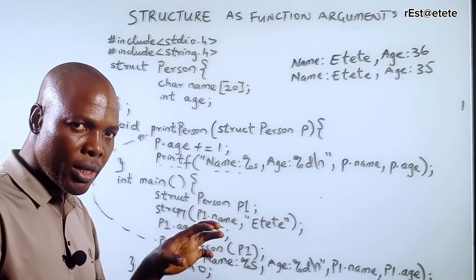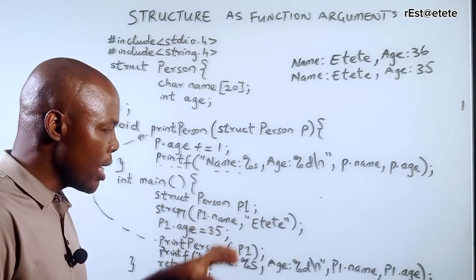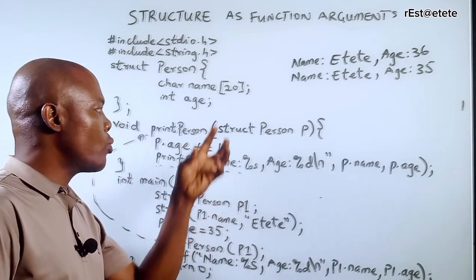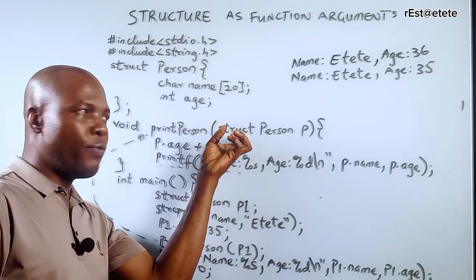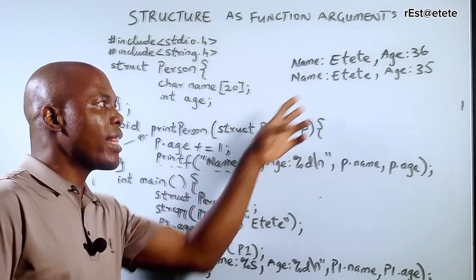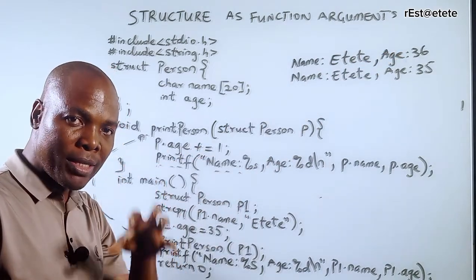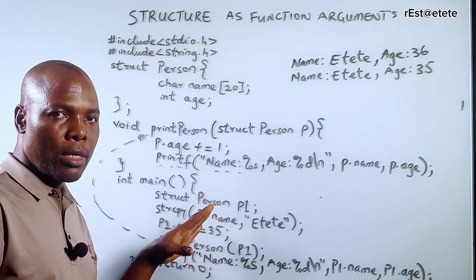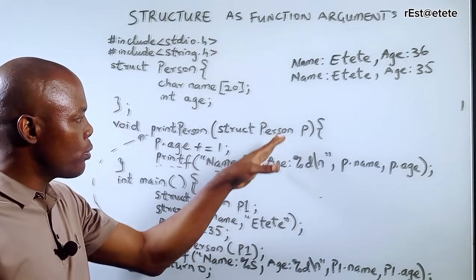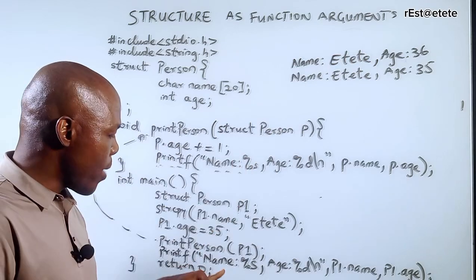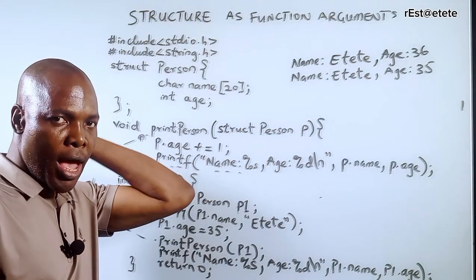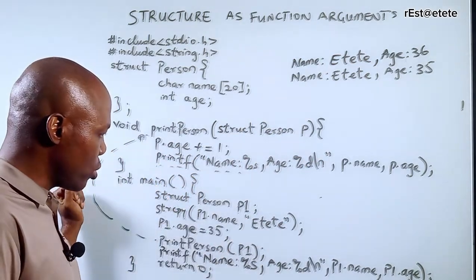So a copy, that is the point you need to pick. A copy of that structure is what is given to the function. So the function can alter it and give out an output, whereas the original person still remains. Nothing will change. So this one will produce 36 as age, while this one will produce 35 as what? Age. So that's what I want to show you in this class.